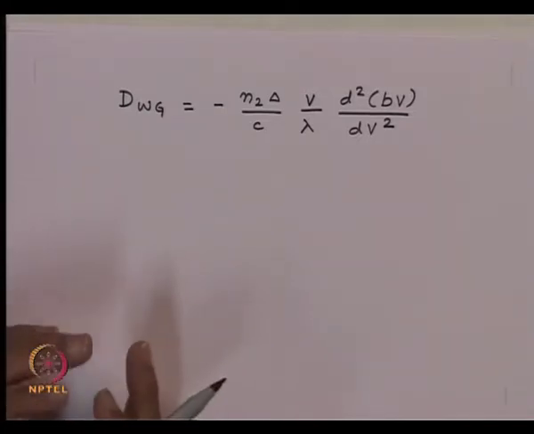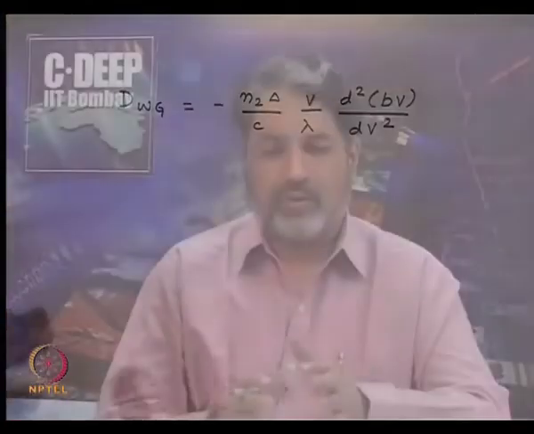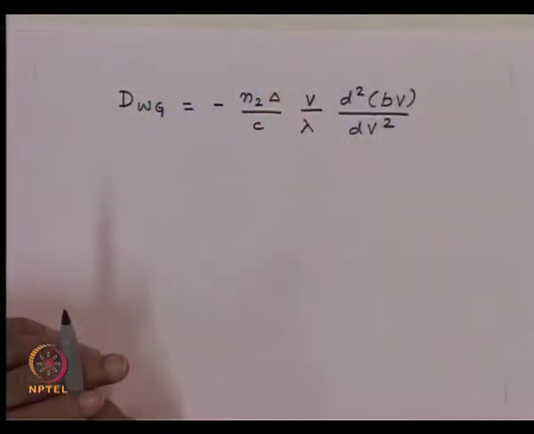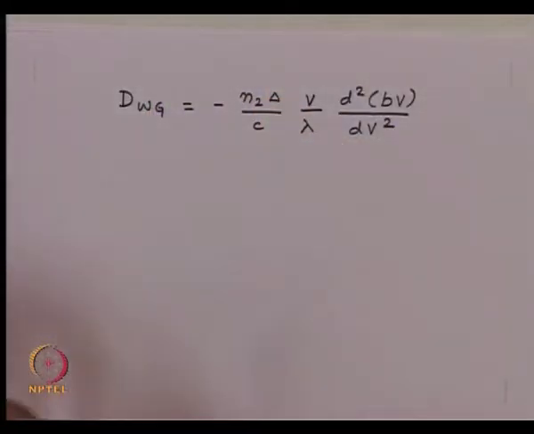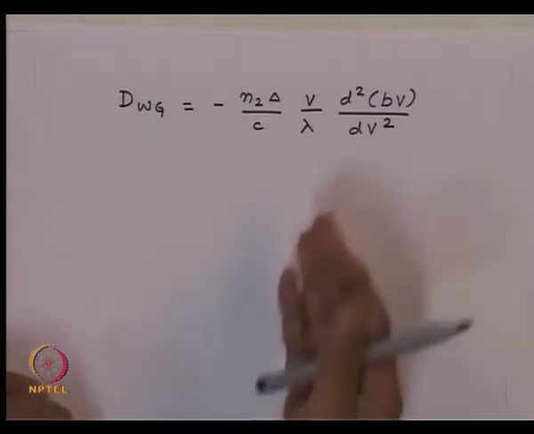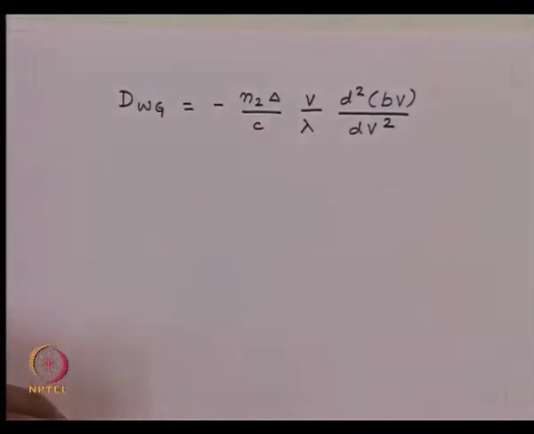So once we have the BV diagram known, then from there we can calculate this quantity B into V, and then we can calculate second derivative of this quantity, and from there we can essentially calculate the waveguide dispersion.